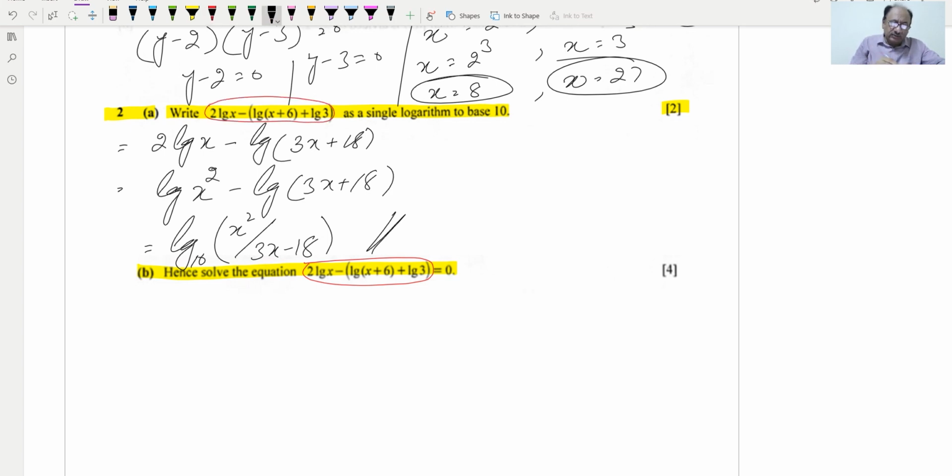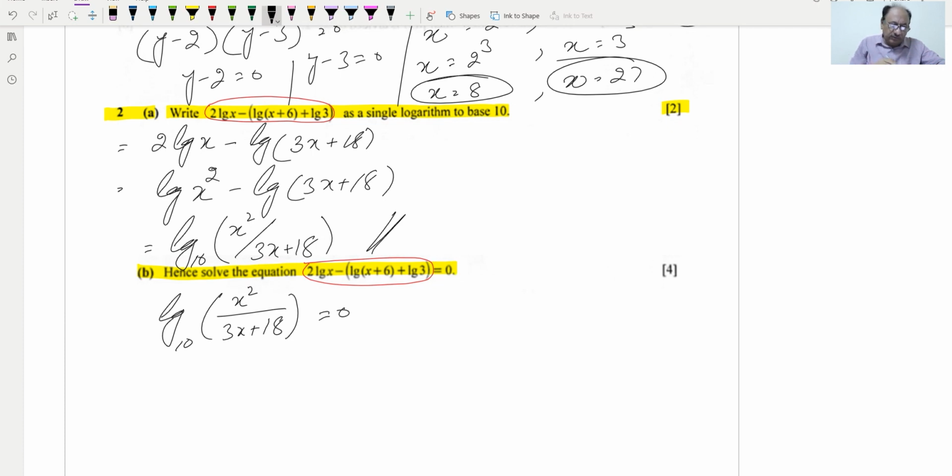So we can write it as log with base 10 of x square over 3x plus 18, and this is equal to 0, which is given over here in this part.